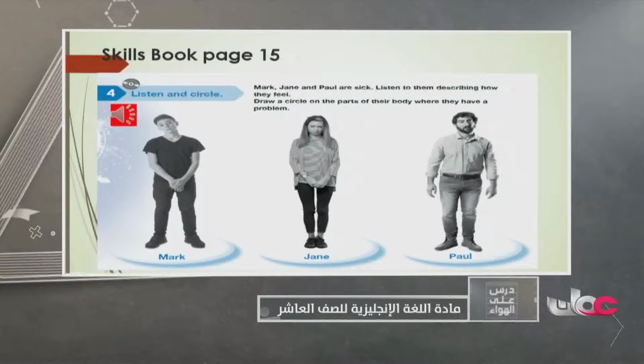Listen to them describing how they feel. Now, draw a circle on the parts of their body where they feel a problem. So let's listen and draw a circle around the place that they feel that they have a problem there.